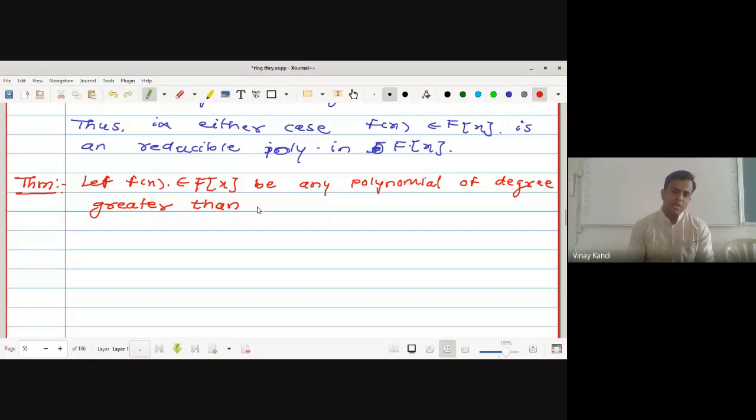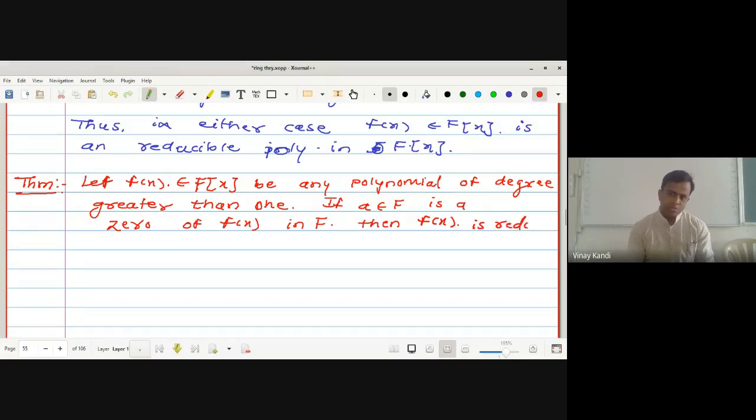If a belonging to F is a 0 of f(x) in F, then f(x) is reducible over F.